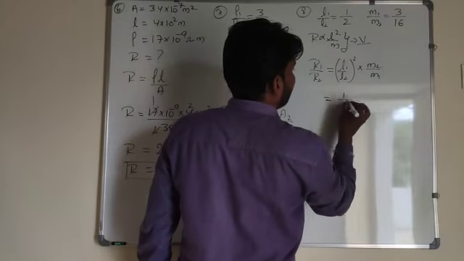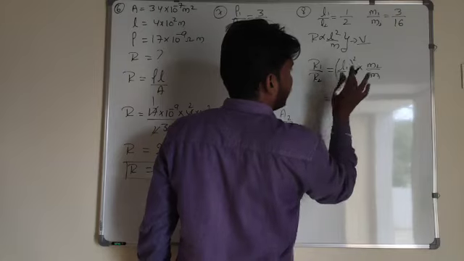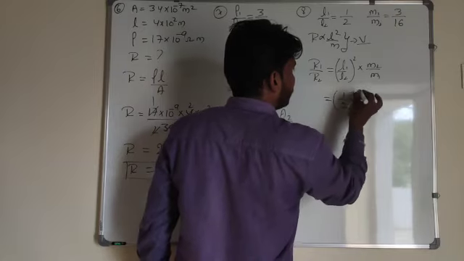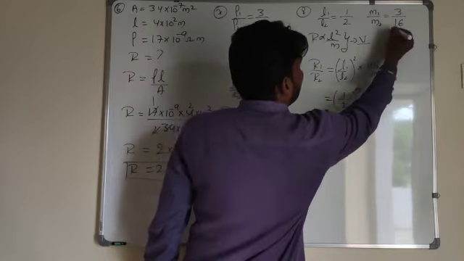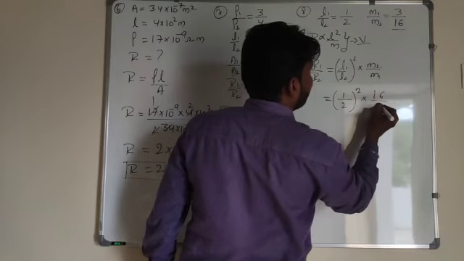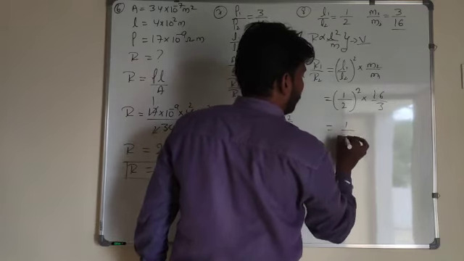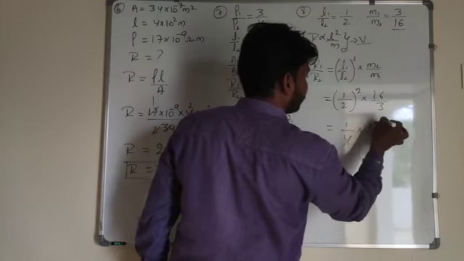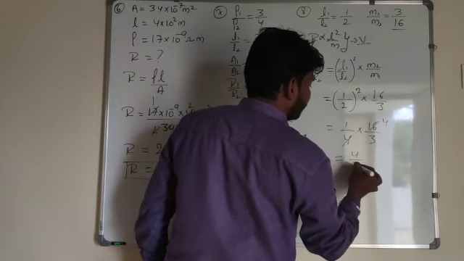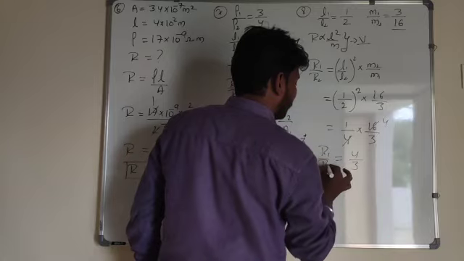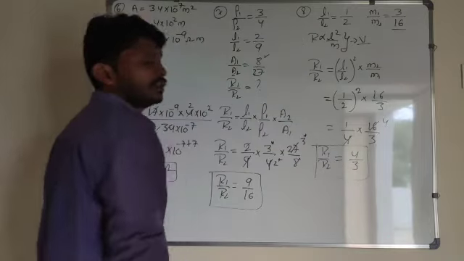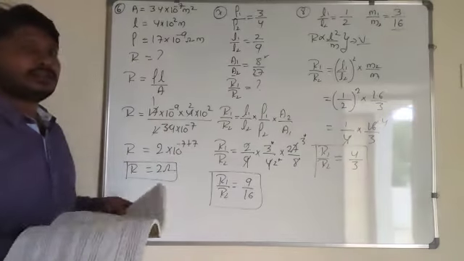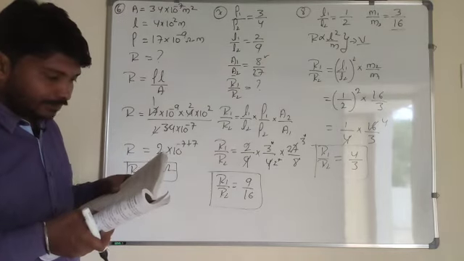L1 is 1, L2 is 2 here. M2 is 16, M1 is 3 here. 1 by 4 into 16 by 3. So resistance are in the ratio of 4:3 here. So we'll look at the next one.